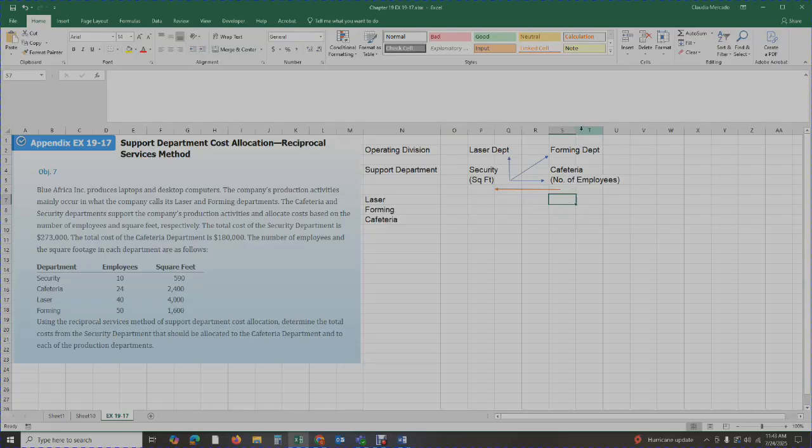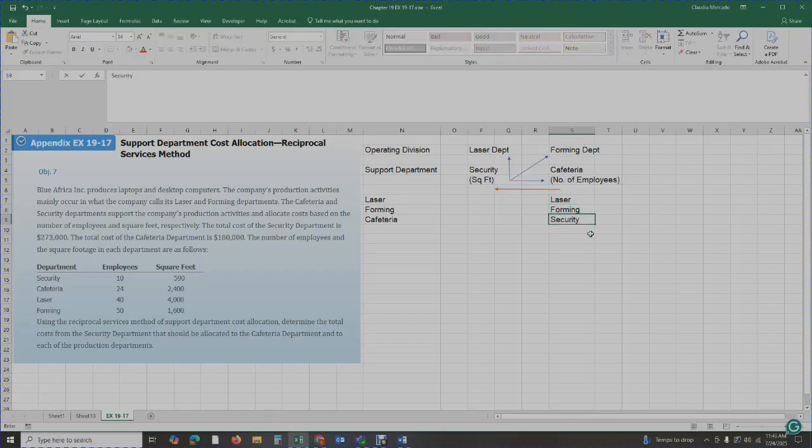Now, when we allocate the cafeteria cost, we're going to allocate the cafeteria cost to the laser, to the forming, and to the security. Okay? And then cafeteria will be left with a 0. Now remember, the cafeteria is going to get some of the costs of the security department. Okay? So now that we know what we're distributing, the security department is going to distribute their costs to laser, forming and cafeteria. The cafeteria is going to distribute their costs to laser, forming and security.